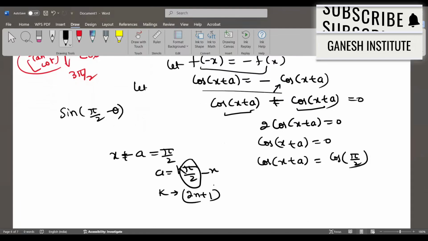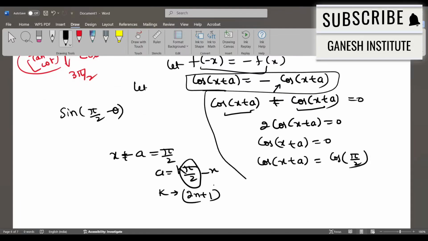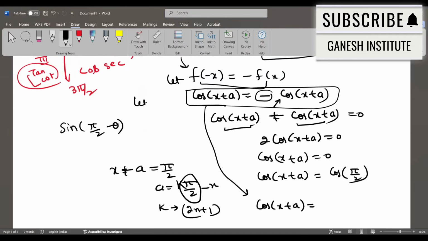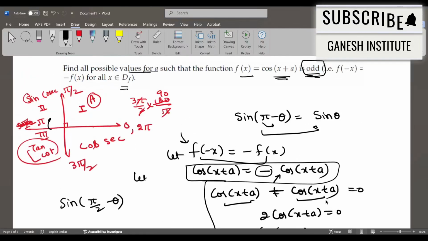Or else what you could have done from here, convert it where you can get the angle as negative. So it is negative cos(x + a). You know that the fourth quadrant is positive for cos. You can choose anything. You can choose pi minus or pi plus or 3 pi by 2 minus.